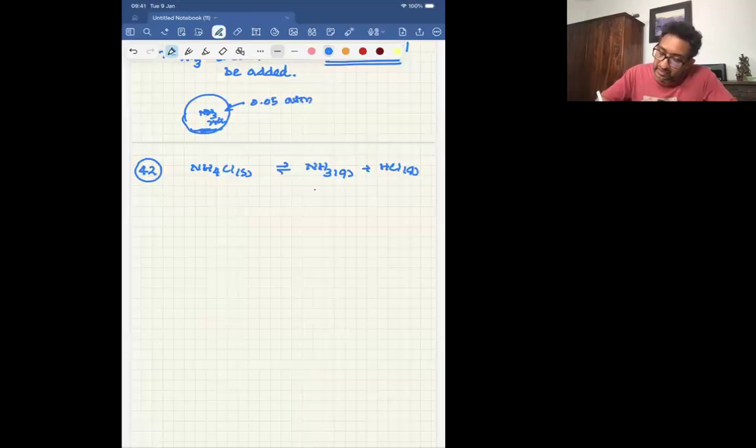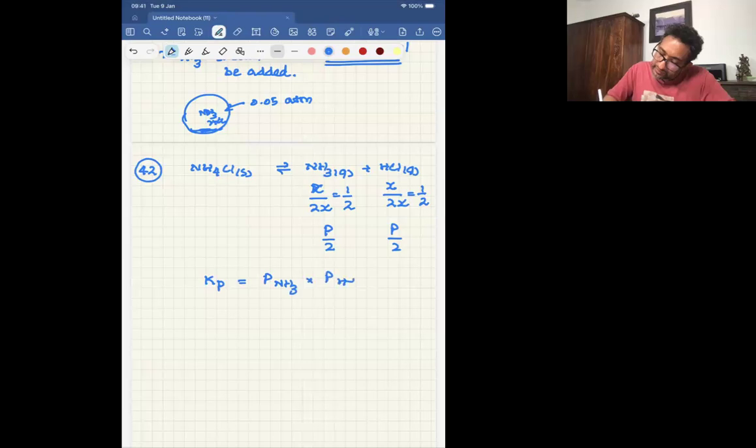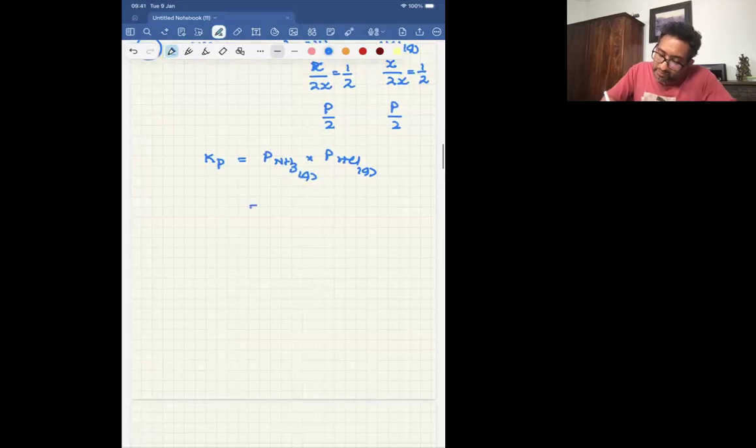If total pressure is P, the number of moles of each gas is X. Total number of moles is 2X. So molar fraction is half. So what is the partial pressure? P divided by 2. So what is Kp? Kp is equal to partial pressure of ammonia multiplied by partial pressure of HCl. Both are gases. Partial pressure of ammonia is P divided by 2, and this is also P divided by 2.